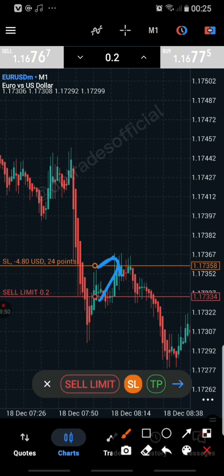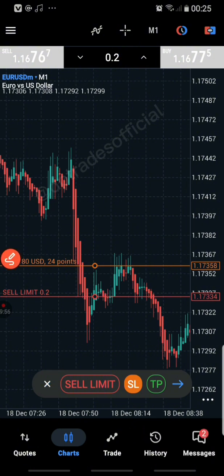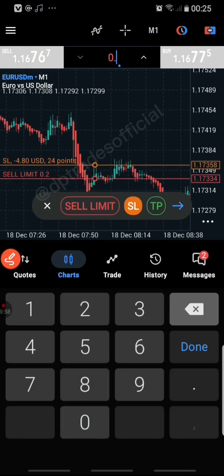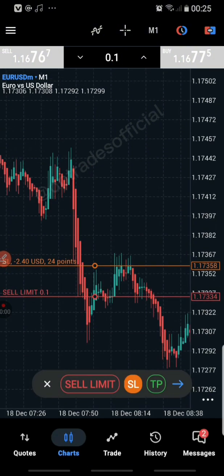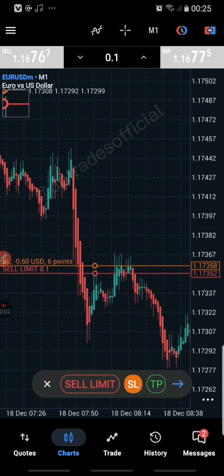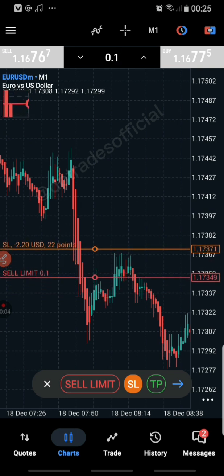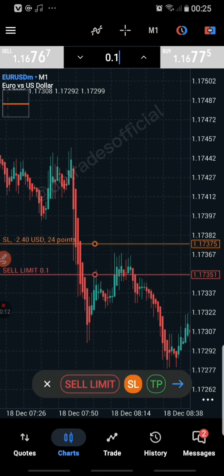Let's just say I was using 0.2, right? Yes, I was using 0.2. I go down to 0.1. Then I try again, and you discover that this time it would have gone. You understand? But now it's not good to put the stop loss too tight, give it a little gap, because the Heikin Ashi is more of a calculated candle.